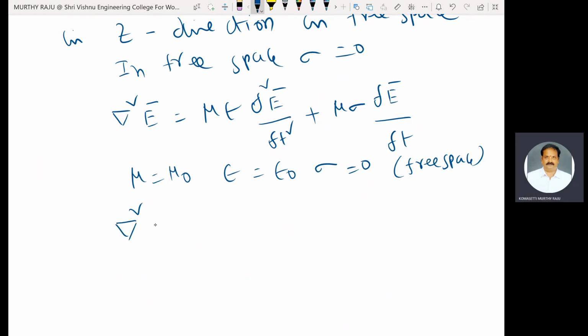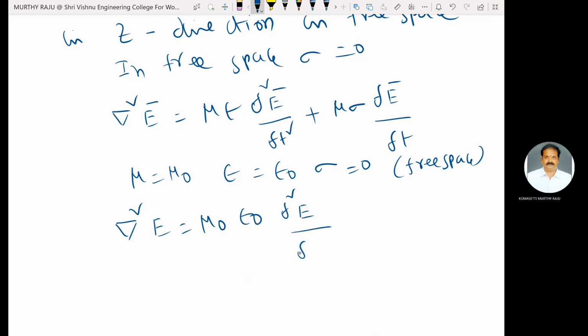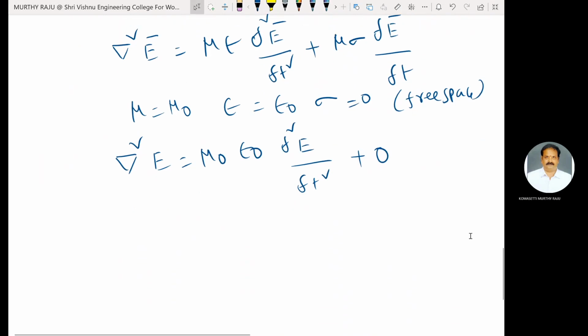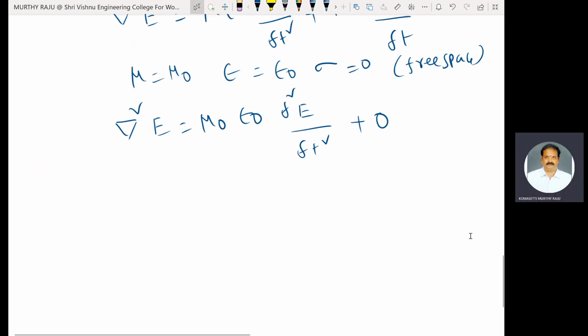Del square E is equal to mu naught epsilon naught dou square E by dou t square, sigma is equal to 0, that means plus 0. This is the wave equation for free space.